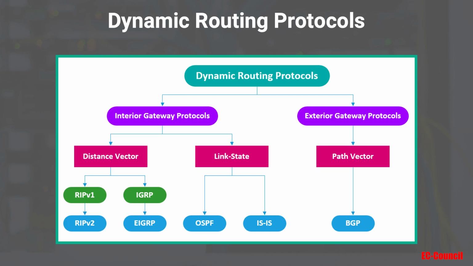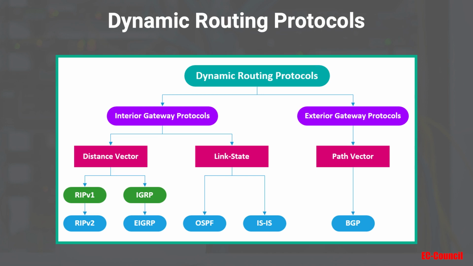When it comes to exterior gateway protocols, there's a path vector protocol known as BGP, Border Gateway Protocol. Border Gateway Protocol is a protocol that is used to route the internet. Yes, BGP is used to route the internet. So this means that between one internet service provider and another, they will use BGP.